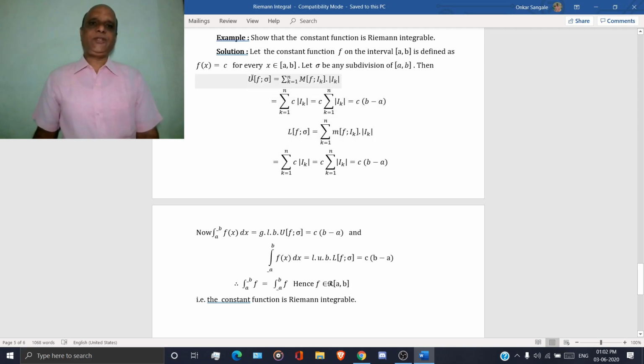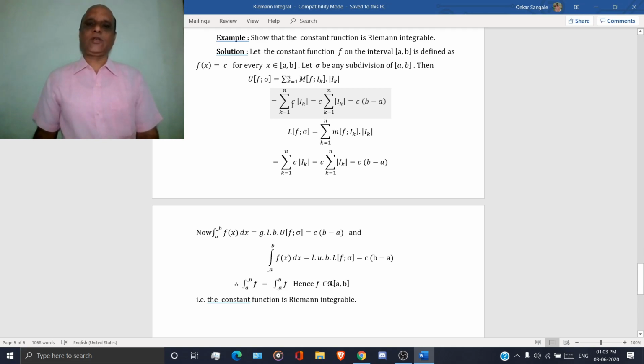Then by definition of upper sum, the upper sum for f corresponding to subdivision sigma is the summation k equal to 1 to n of the maximum of the function over the interval I_k times the length of I_k. Clearly the maximum of the function f over I_k is c. Therefore we get the summation k equal to 1 to n of c times the length of I_k.